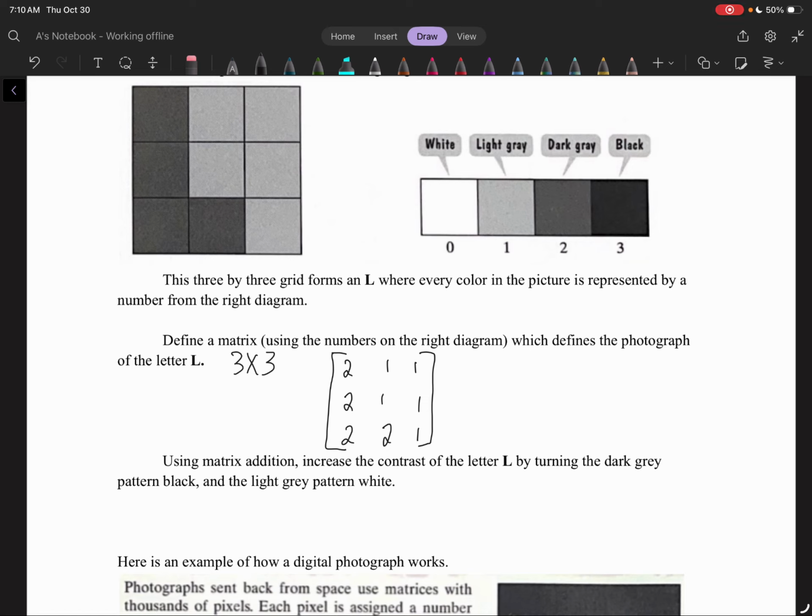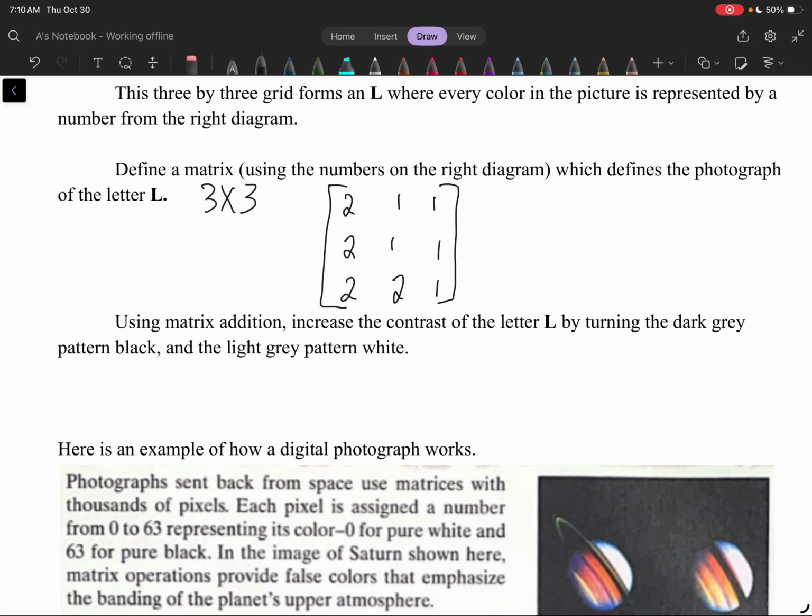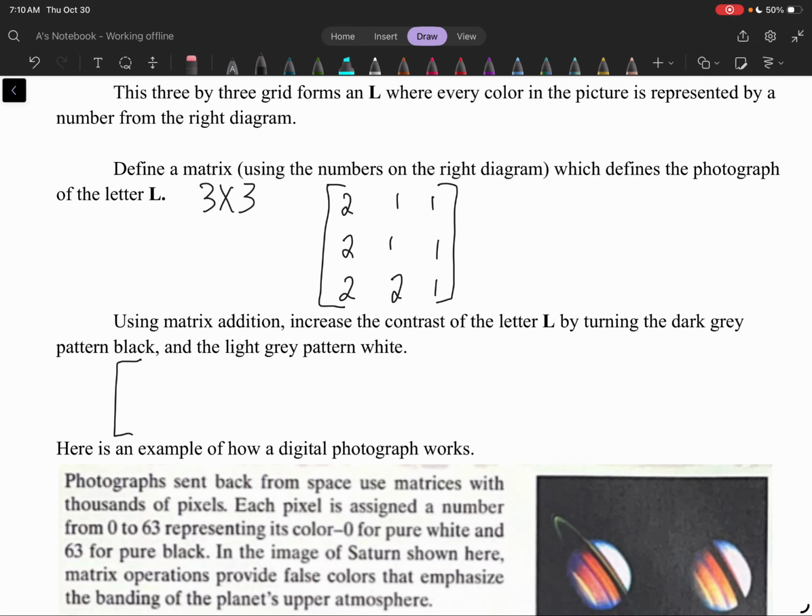Now let's change the contrast of this letter L. Let's make it darker, and we're going to use matrix addition. So my L is 2, 2, 2, 2, 1, 1, 1, 1, 1. Now I want to change the contrast on this. I want to make the dark gray darker and the light gray lighter.